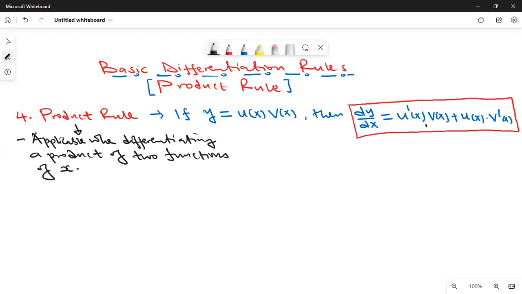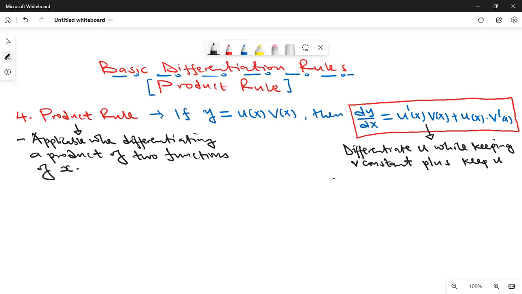So what does this formula mean? It means you differentiate u while keeping v constant, then plus, keep u constant and differentiate v.